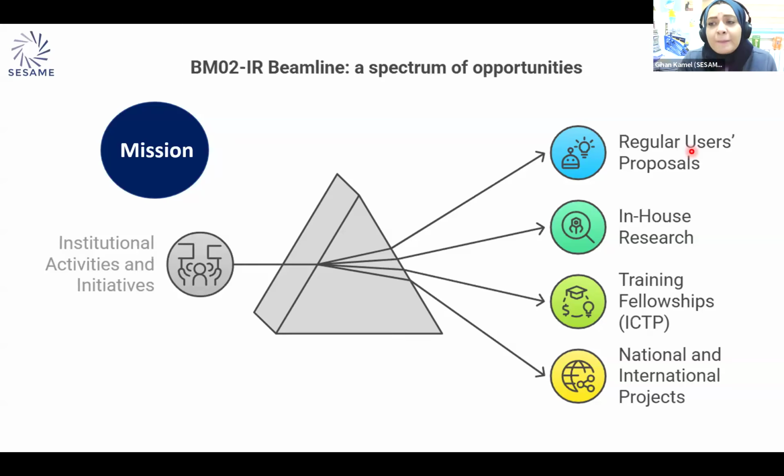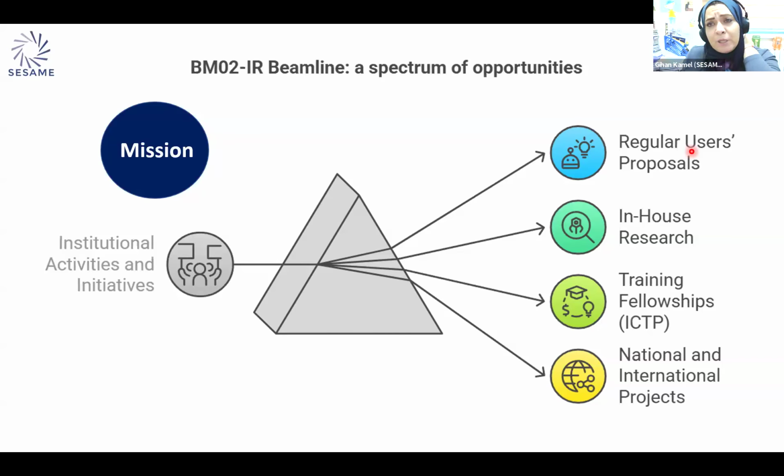It's an announcement. All the users submit their proposals. They go to evaluation, technical evaluation, scientific evaluation, and then whichever proposal is accepted is allocated what we call beam time. It's a time for experiments. You come with your samples and you do the experiments here.